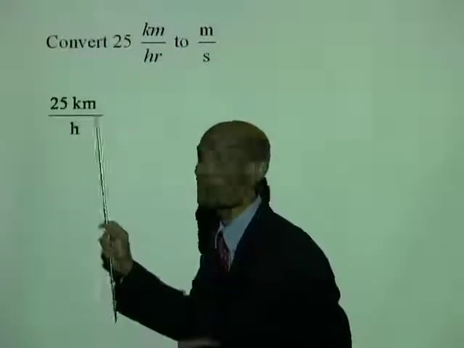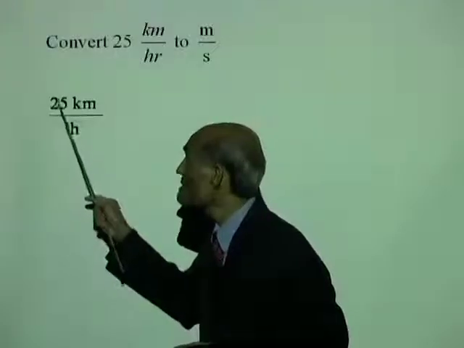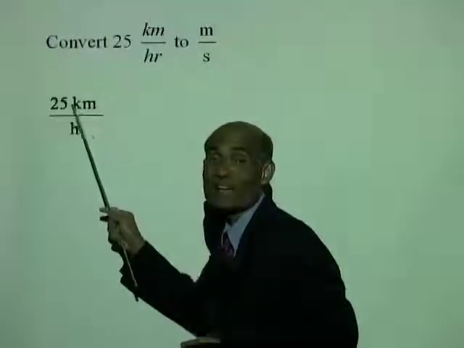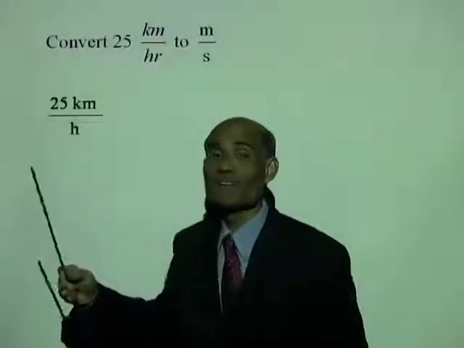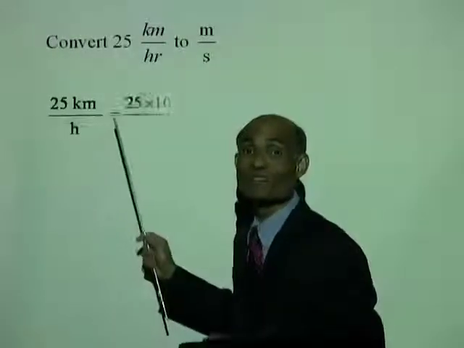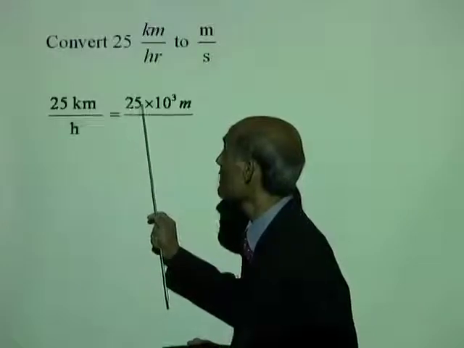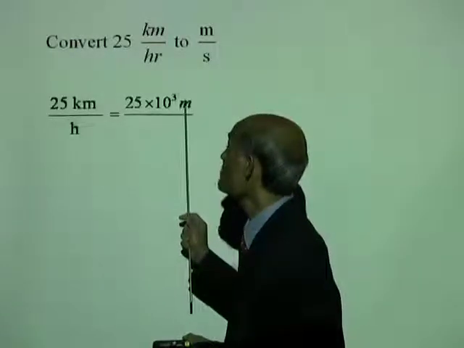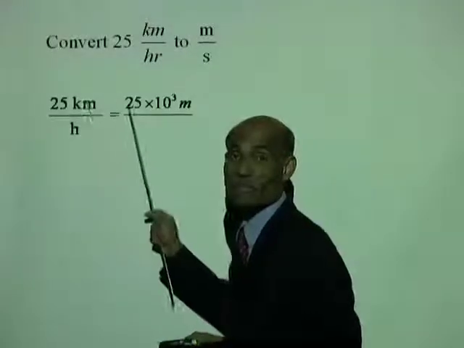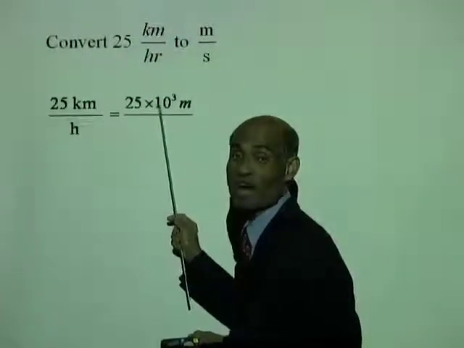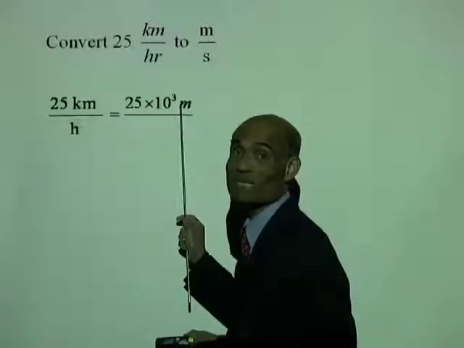And in the next step, you need to say 25 kilometer. Now, each kilometer contains how many meter? 1,000 meter. So write this as 25 times 10 to the power of 3 meter. You see, 25 kilometer is 25 times 10 to the power of 3 meter.